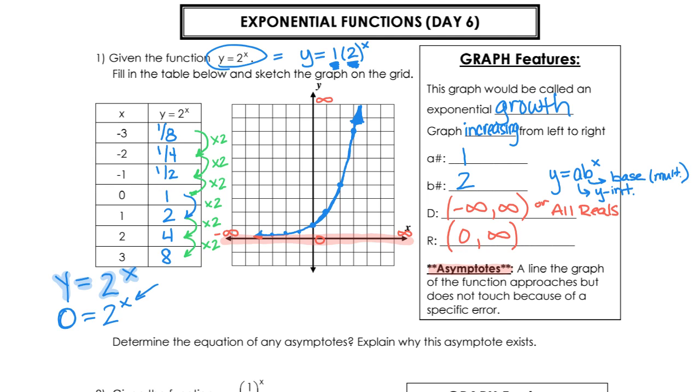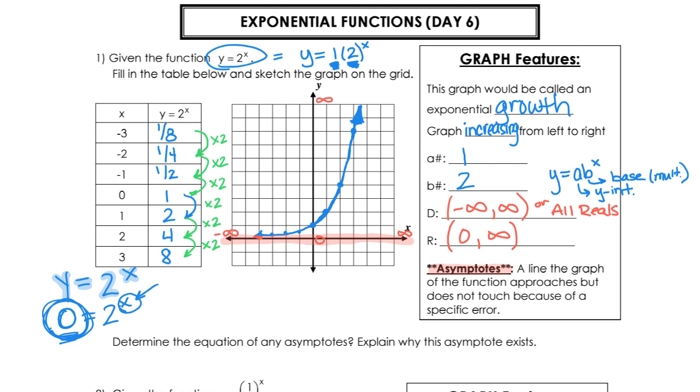There isn't anything you can raise 2 to in order to get this to be 0. And because there's nothing we can fill in for x to give us 0, then y can never be 0. Our x can be 0, but our y value can never be 0. And so that's the specific error that it can't have.